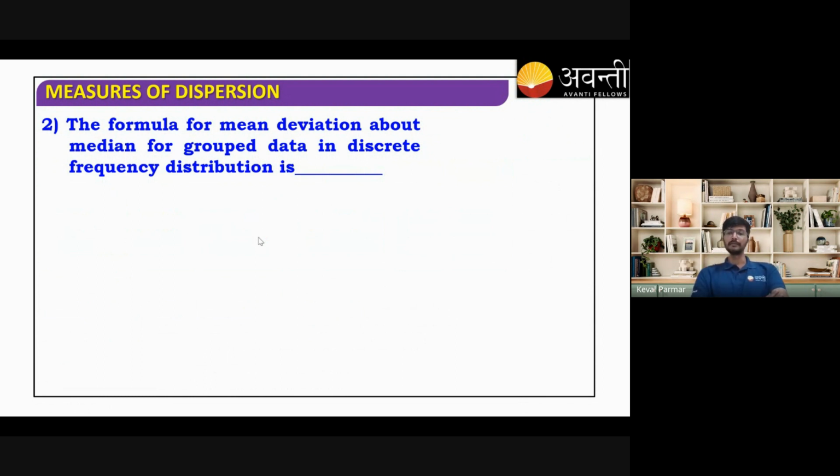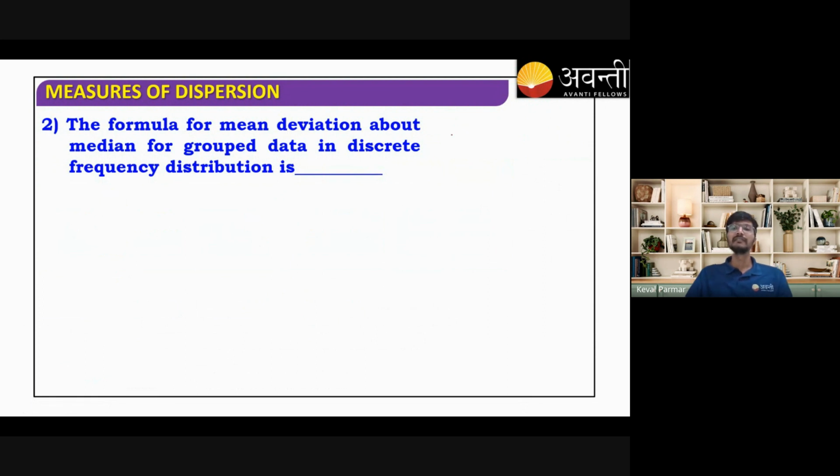But if we want, we can convert the ungrouped frequency distribution data into grouped frequency distribution data. We'll look at this MCQ once I clear out your concepts.